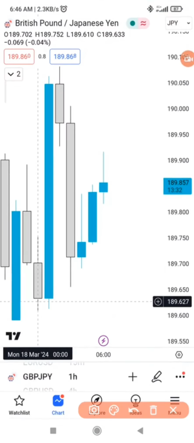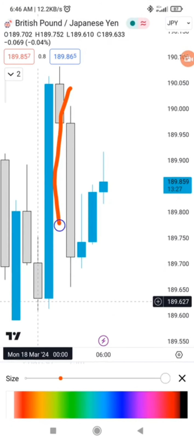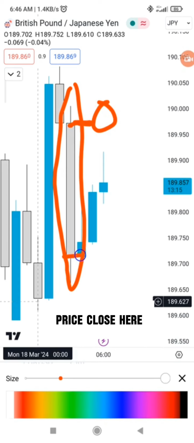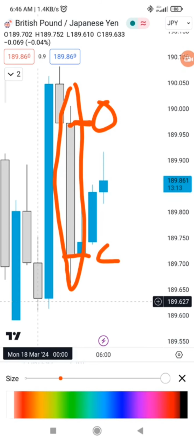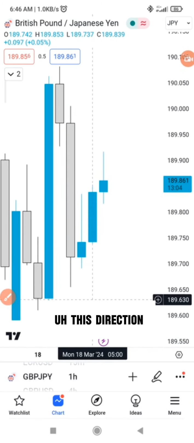This candle shows that sellers are in the market because price opens here, then price closes here. Now when we cancel that, we go towards this direction.